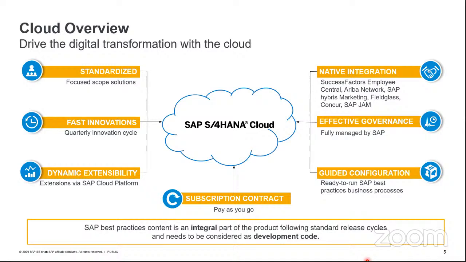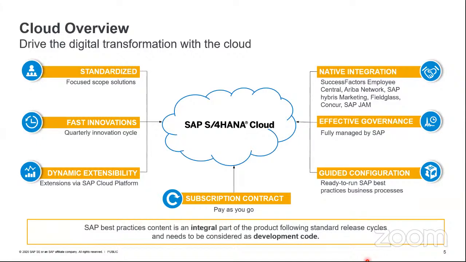The additional advantage is the subscription contract. Earlier we had different types of contracts available for deployment, so you would take different licenses for different products, right? Now it will be a subscription-based contract, which means that you pay as you go, as you use. So the total number of users, total number of installations, and what business process you want to use, things like that are in the control of the customer.